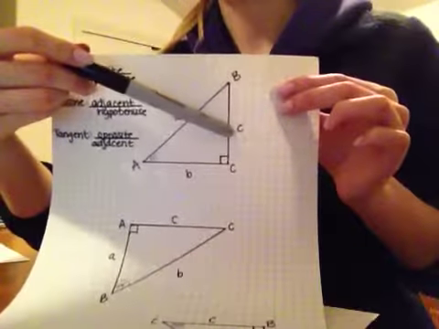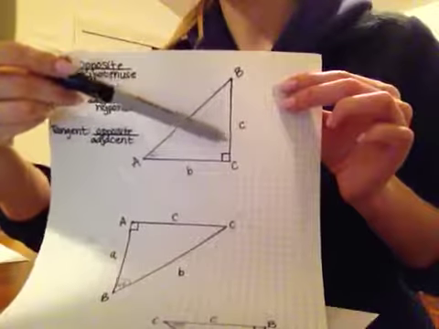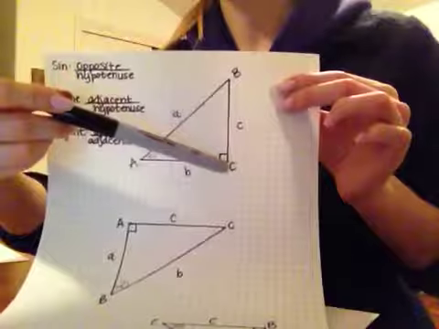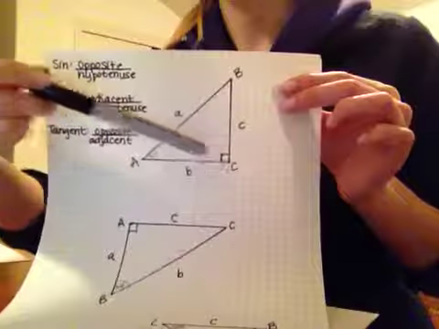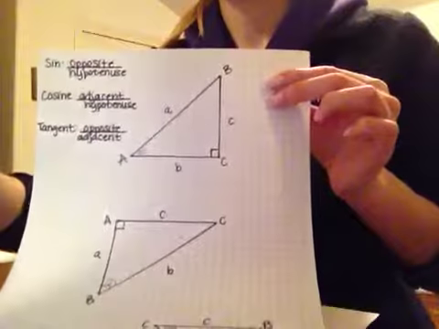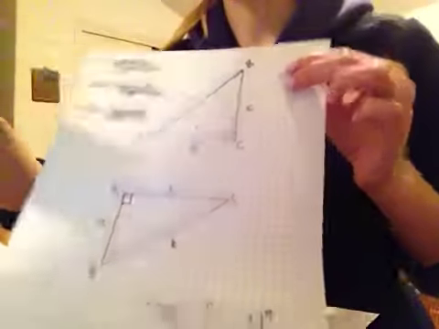Opposite is C. And then we want to know, okay, what is the hypotenuse? Hypotenuse is always across the way from the 90-degree angle. So it's A. So the answer for that would be C over A. And I'm going to write that down really quick. The sine of A is C over A.